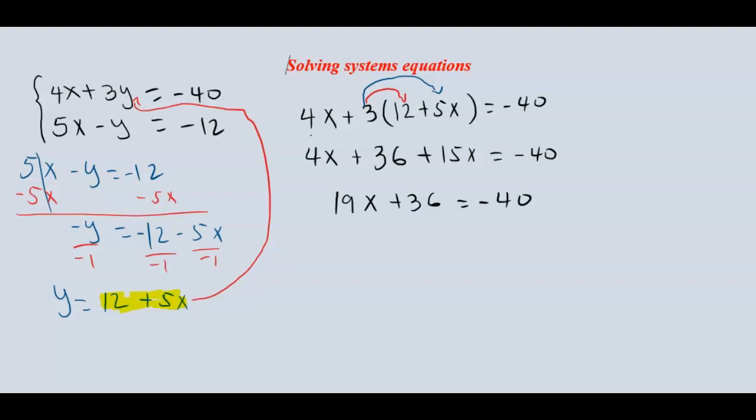Now, if we subtract 36 on both sides of the equation, we're going to have 19x, and 36 minus 36 is 0, so that's gone. It equals negative 40 minus 36, which is negative 76.